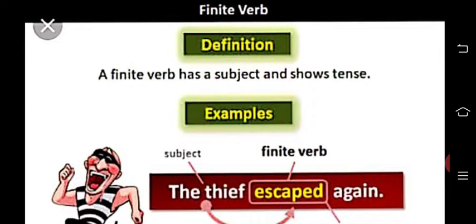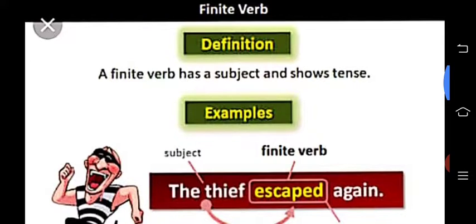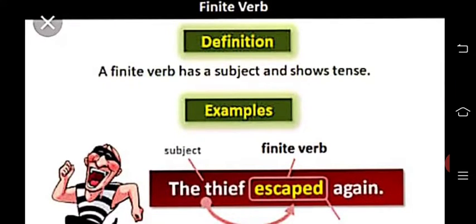What is finite verb? Non-finite verb, you know very well, we have 3 types. And finite verb means what? Let's see the definition. A finite verb has a subject and shows tense. Note it down. So the finite verb has a subject and shows tense form.